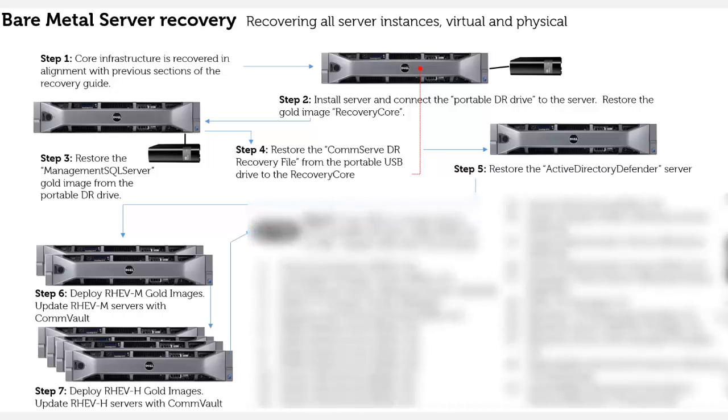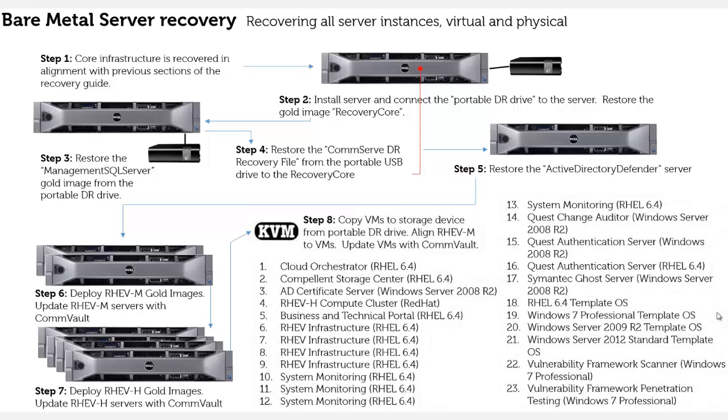Once you have steps 1 through 7 up and running, the entire environment is ready to begin restoring the virtual environment. Remember, step 6 and step 7 restores the Red Hat KVM environment, and now we're ready to move on to step 8.